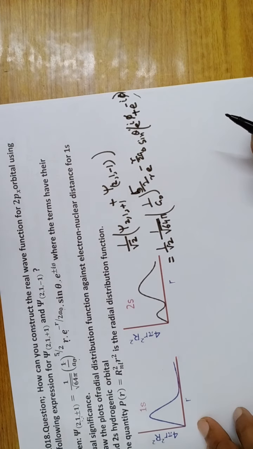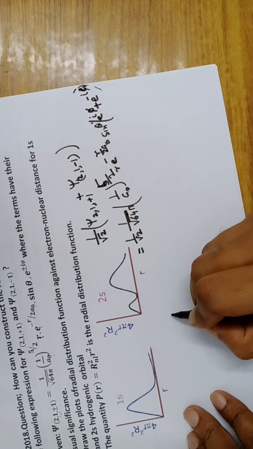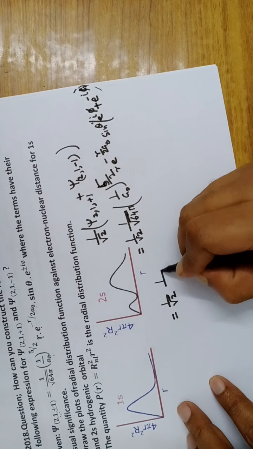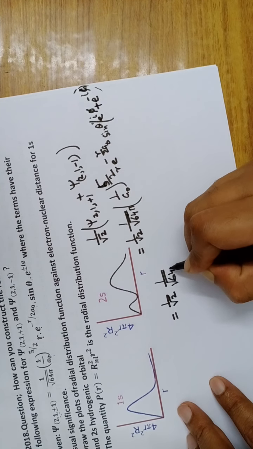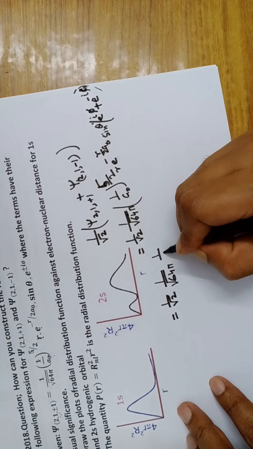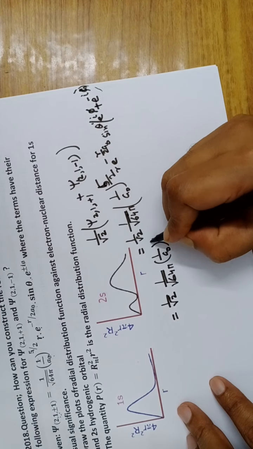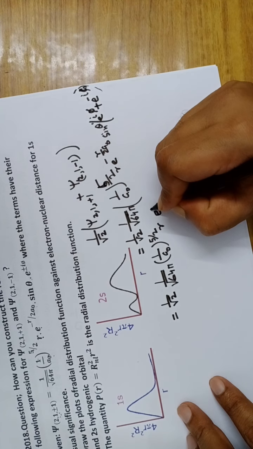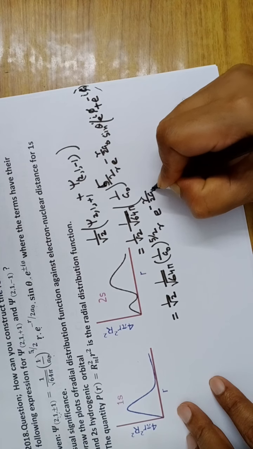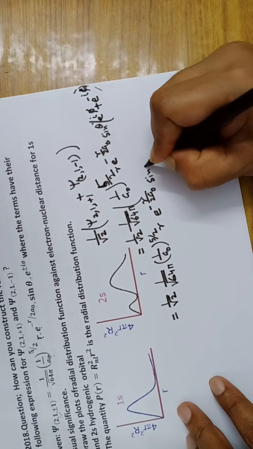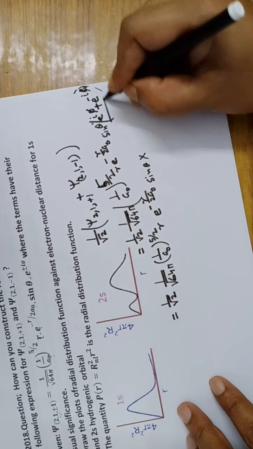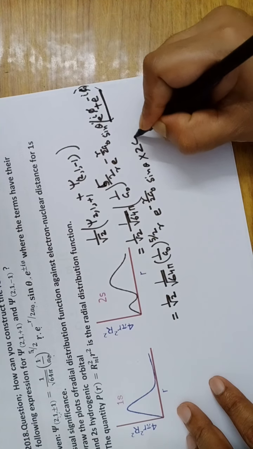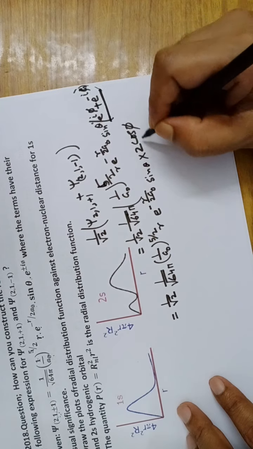Clear? Okay, then we can write it this way: 1 by root 2 into 1 by root over 64 pi, 1 by a0 whole to the power 5 by 2 into r e to the power minus r by 2 a0 sin theta into, the value of this is 2 cos phi, that is, 2 cos phi equal to this.